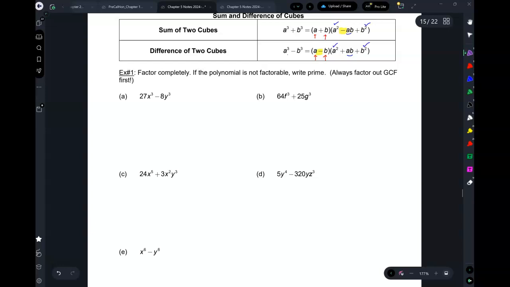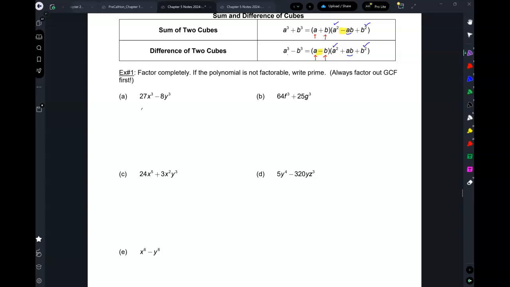So here I have 27x cubed minus 8y cubed. The first thing you want to do is see if you can factor out a GCF. In this case, we can't. So you realize this is a perfect cube, right? 27 is 3 cubed, x cubed is cubed, and 8 is 2 cubed, and y cubed.